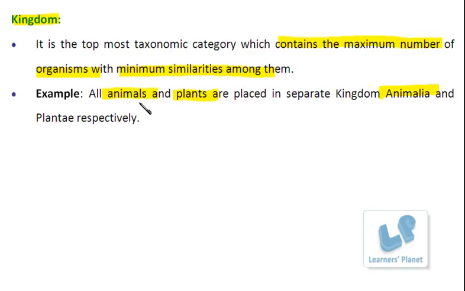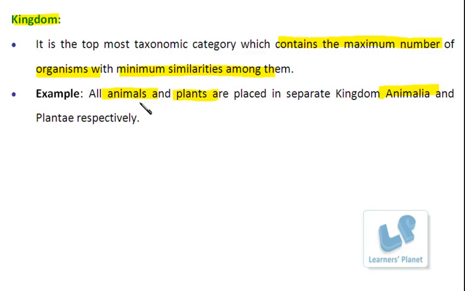Same is true for plants. In this plant world, even if you go in a garden, you can see that there are so many different types of plants. There are shrubs, herbs, trees, grass, flowering plants, ornamental plants, and so on. So you can observe in a local area that there is a wide variety of organisms, that is plants or animals.